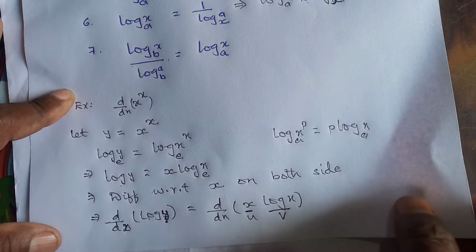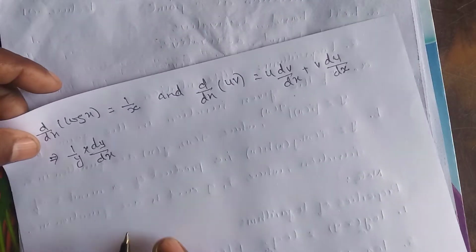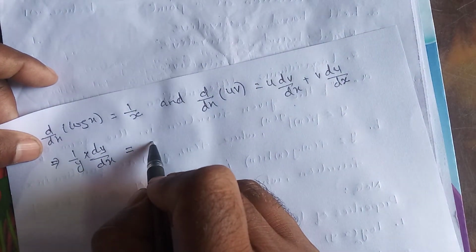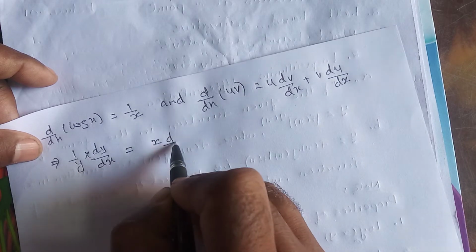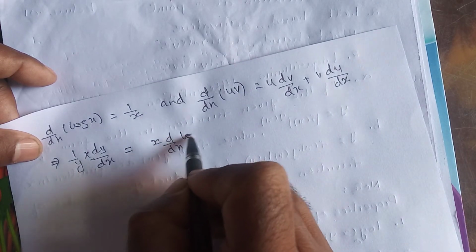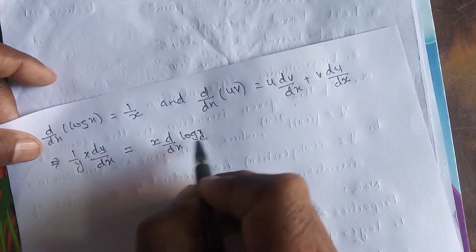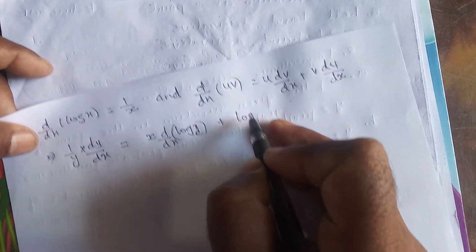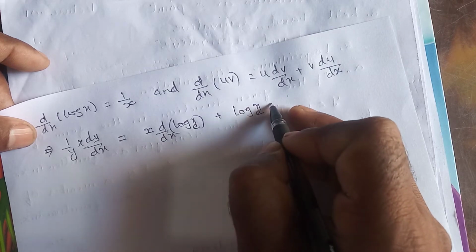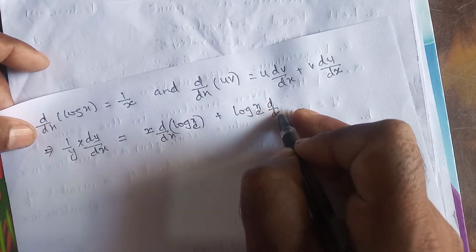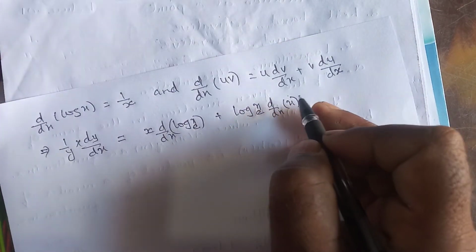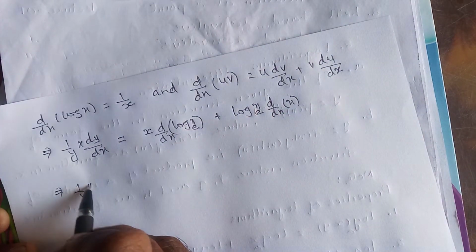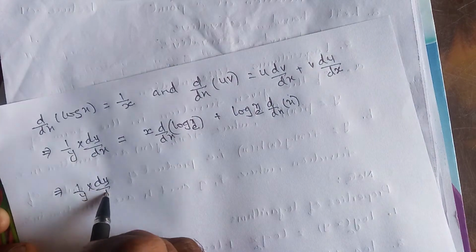So you can use the formula: on the right hand side, u first, that is x, d by dx of log x base e, plus v outside, log x base e, and the derivative of x. So here you get 1 by y into dy by dx.